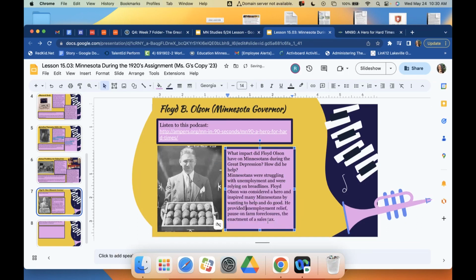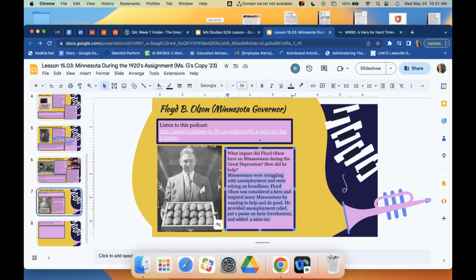He provided unemployment relief, put a pause on, and enacted a sales tax. Okay, so this is a good answer for slide number 7 there.